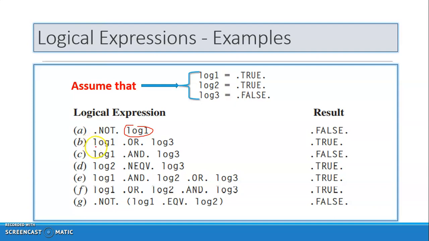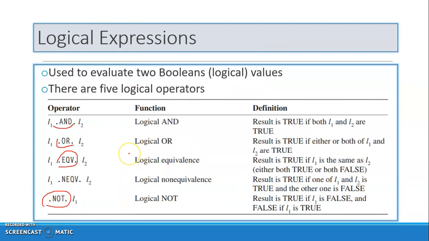And if we take the first one, this one is true and this one is false, and we are using OR, the final answer will be true. If we have the first one which is true, the last one which is false, and we are using AND, the final answer will be false. And the rest of them, we are also using the same explanation that we had here.